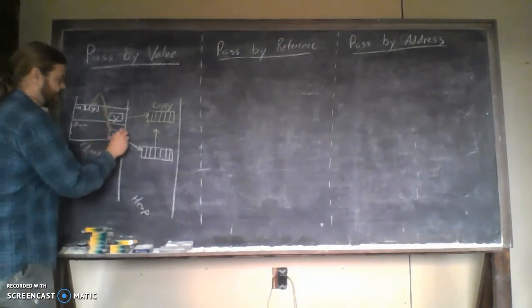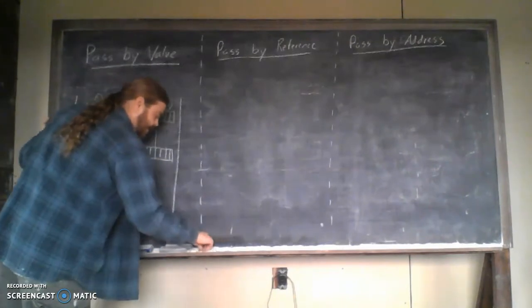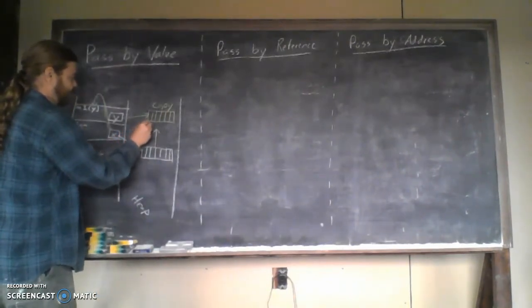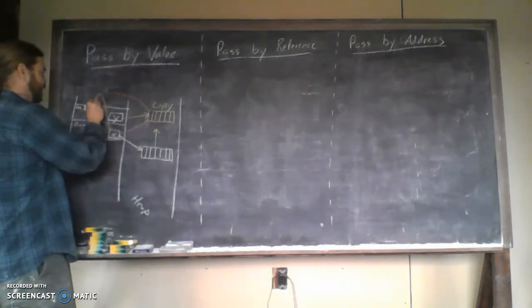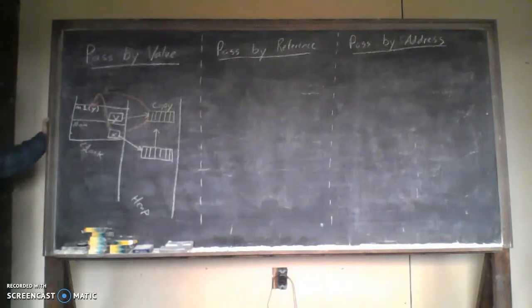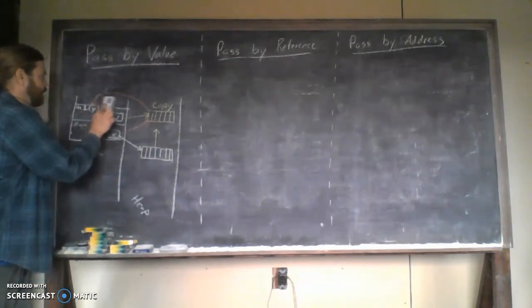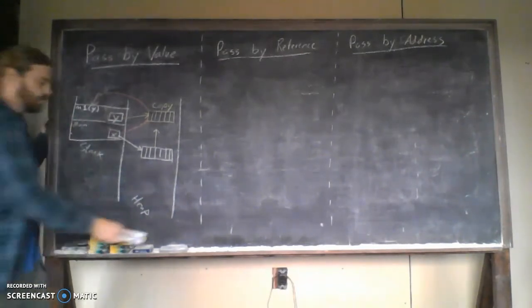Maybe I should draw the line this way. So when we do this, it comes over here to a copy and then passes it. Maybe that's a better way to draw that picture. So we're working with a copy.